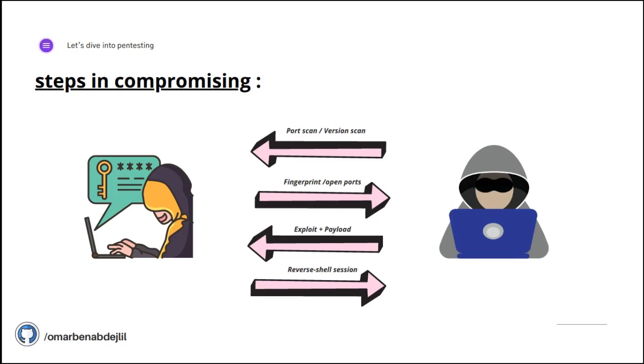If he finds any exploit or any vulnerability on the victim machine, he can specify the port and inject it with a payload and exploit. So finally he can get the reverse shell session. This is the process, and this is how the compromising steps usually go.